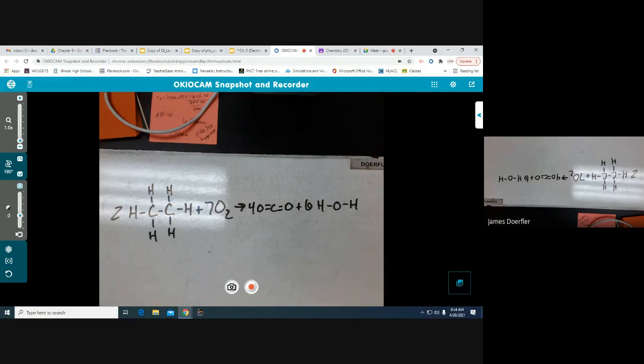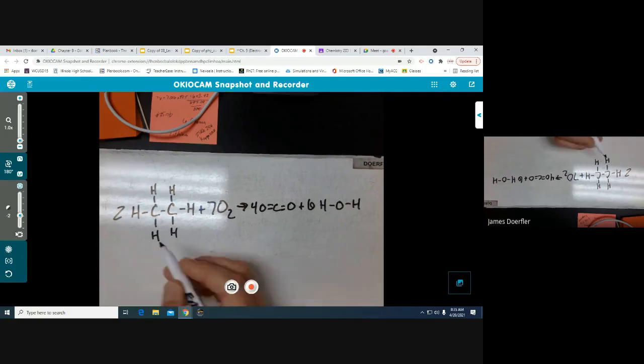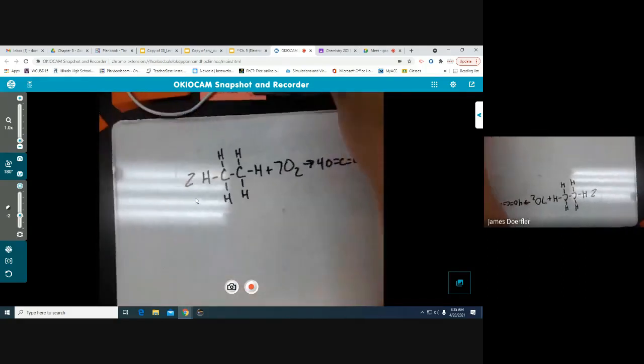So what I do, and what I encourage you to do, but you can do however you want, is to assume that all bonds break and all bonds reform. That way you don't miss anything. And I like to do a fun little visual when I do this. Well, first, let's start setting this up.